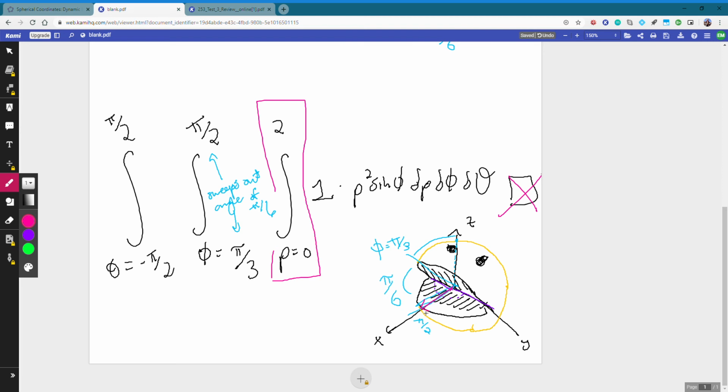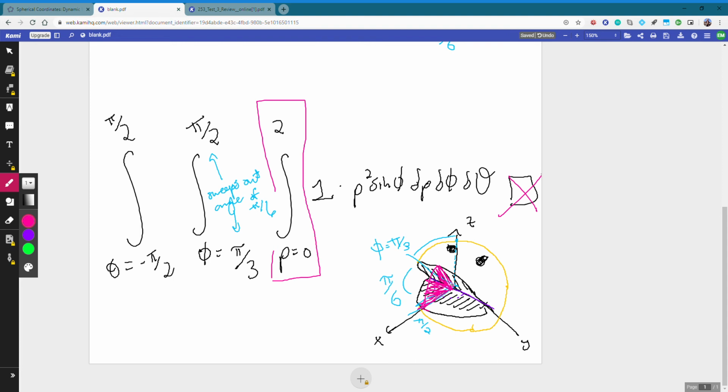In that case, sweeping out from 0 to 2 for the phis that we want, from pi over 3 to pi over 2, gives us this chunk that we wanted to see.